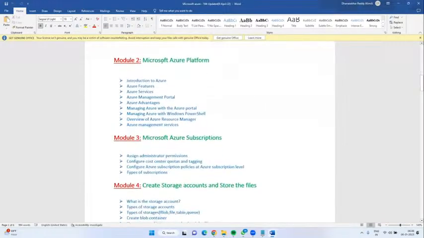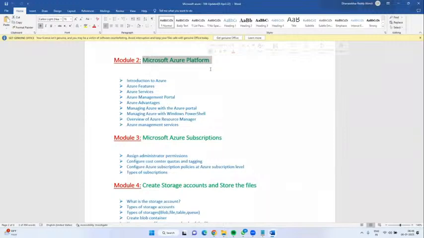Module two, Azure platform. We will go through the Azure portal. As I said, Microsoft provides more than 200 services. Out of them, which services can we consume as per our business requirement? One project may require two VMs, another project may require an artificial intelligence service, and another may expect data science related services.